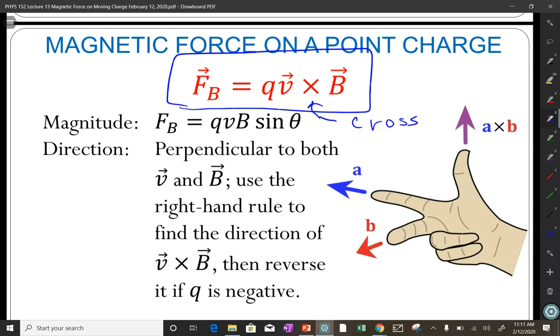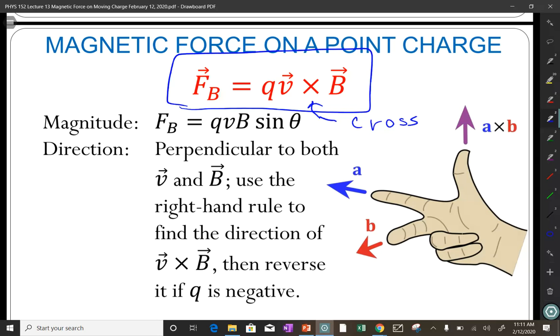So when you're going to find the magnetic force on a charge, now notice it's QV cross B. If the particle is stationary, then what is the force on it due to a magnet? Stationary, that means the vector velocity is 0, right?